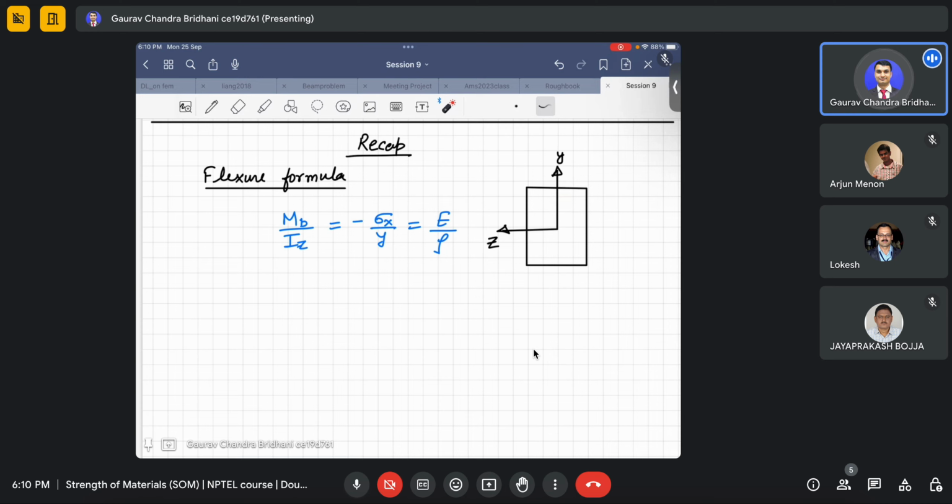If you have a positive bending moment, suppose you have a beam like this, and you have some moment like this.